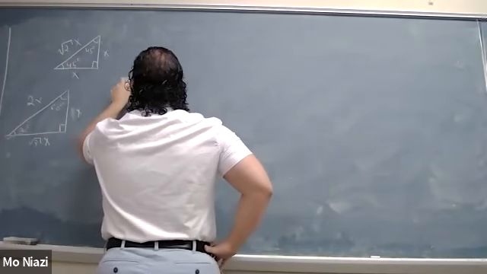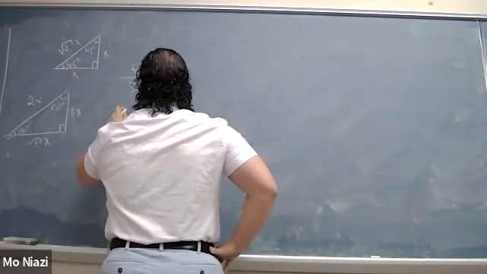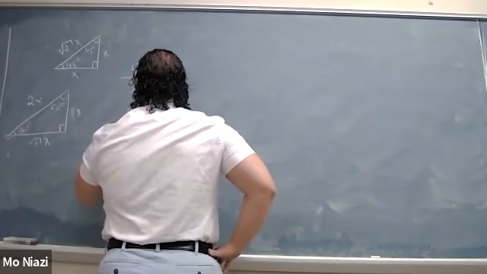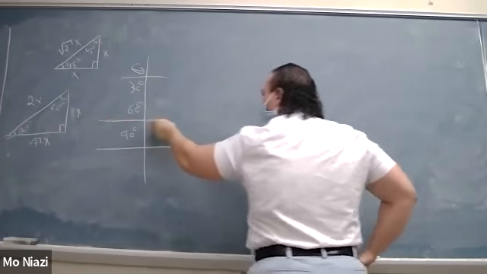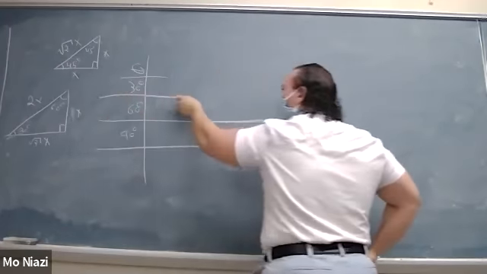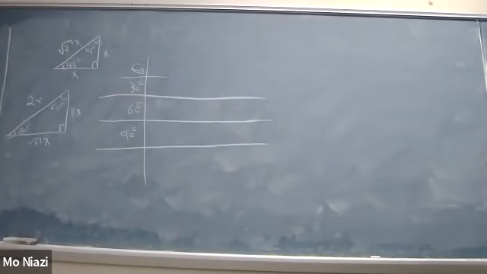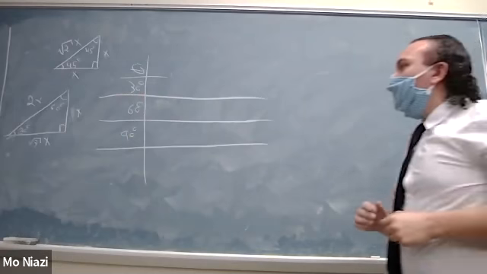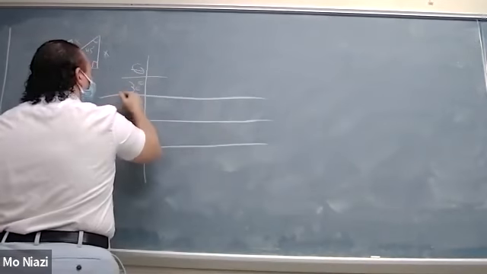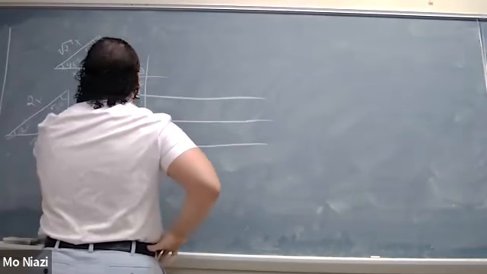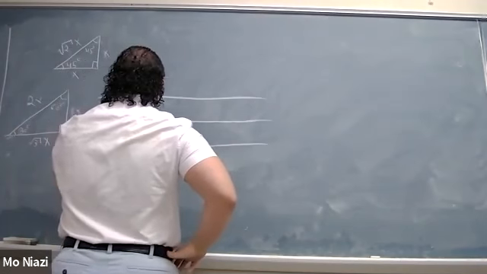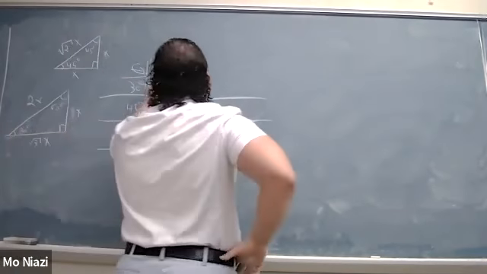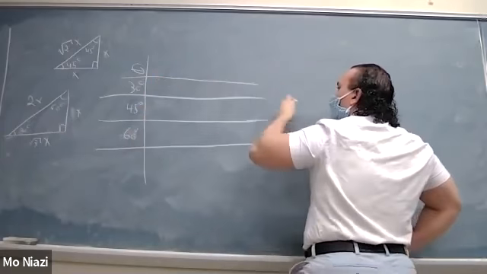Let's have 30 degrees, 45, 60. 90 is trivial. We won't consider 90 for now.